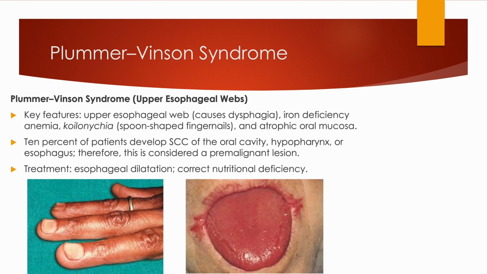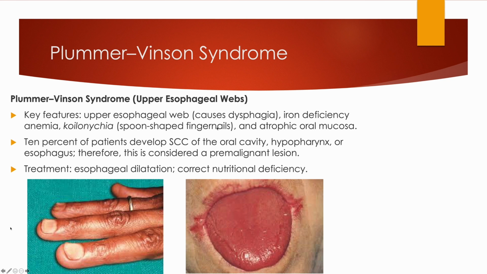Plummer-Vinson Syndrome is associated with upper esophageal webs plus iron deficiency anemia and all of the things that come with it, including glossitis and cheilitis. They also get spoon-shaped fingernails, and they have these esophageal webs.